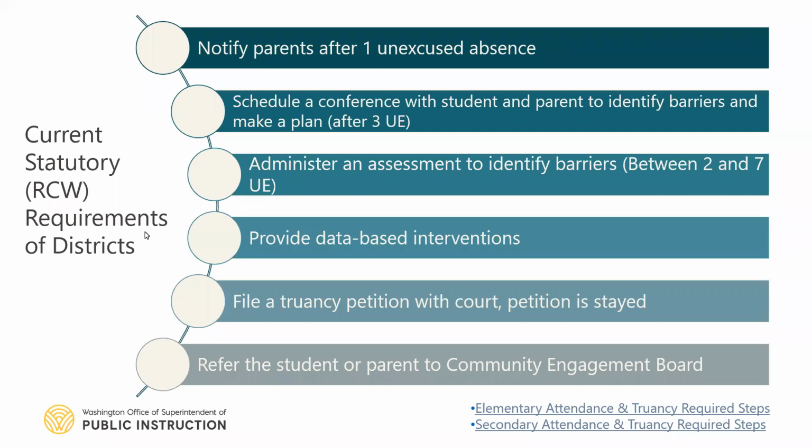After 7 unexcused absences in a month or 15 unexcused absences in a year, the school district must either refer the student to a community engagement board or file a petition with the court. And that petition is then stayed, which means it's placed on hold, and further interventions and work on the part of the district and in partnership with the court must take place.